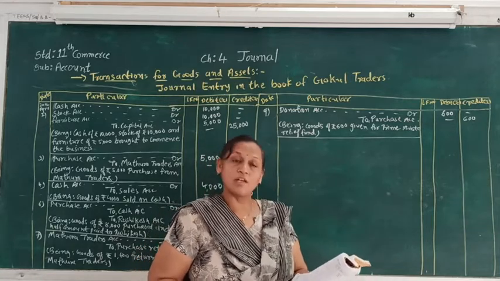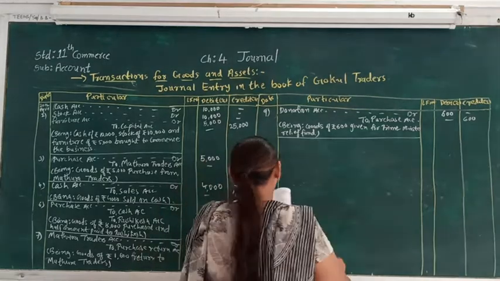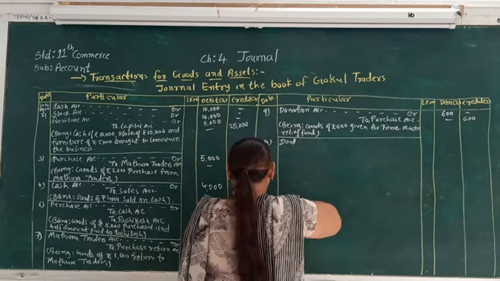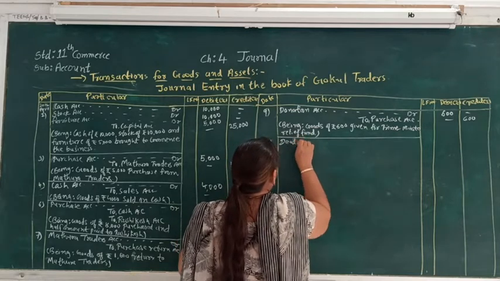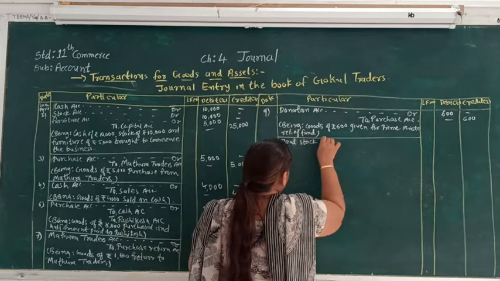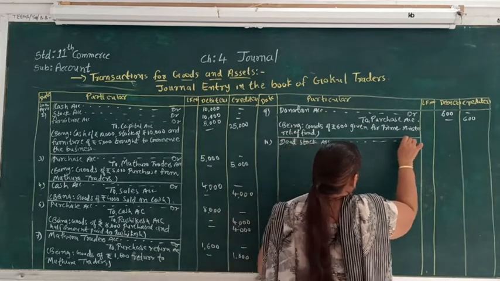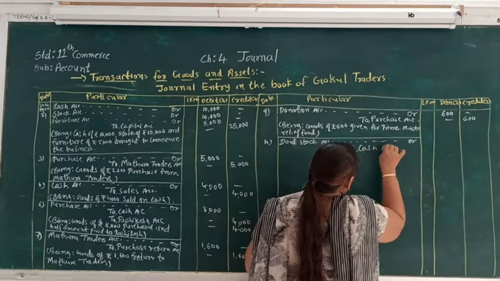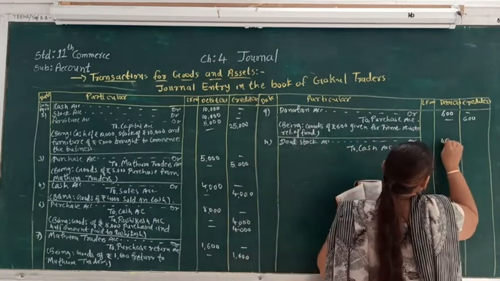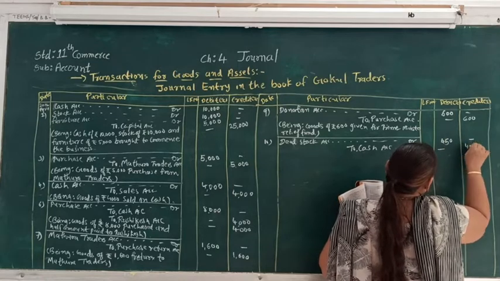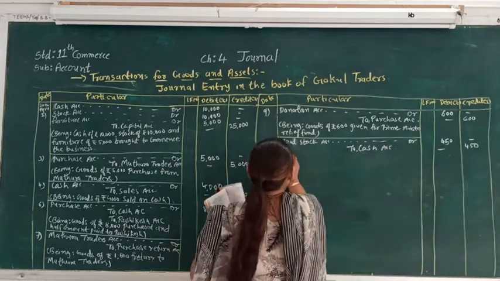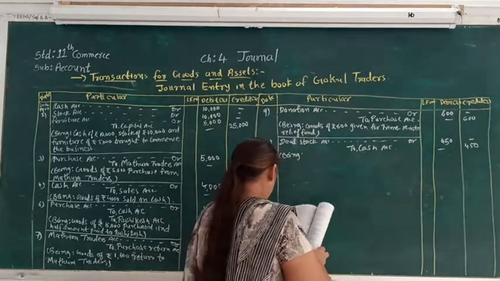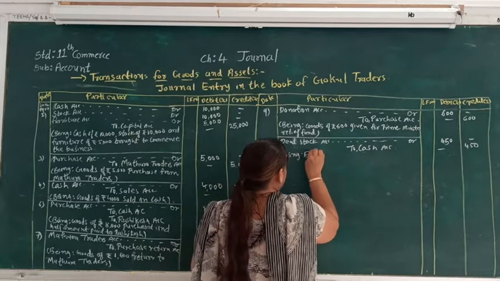This journal entry we are supposed to pass. Being electronic weighing machine purchased.